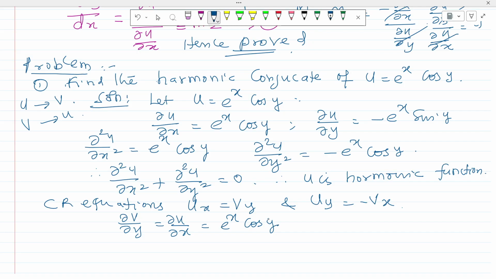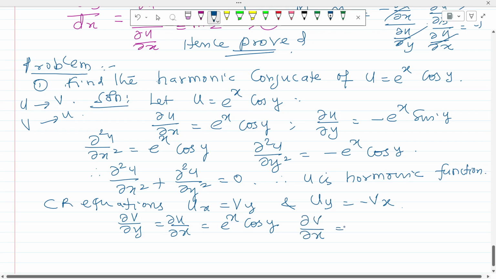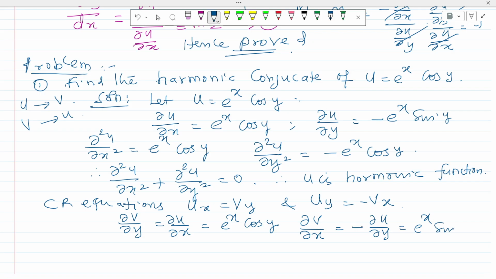Then second one, dou v by dou x equal to minus dou u by dou y equal to e power x sin y. Okay, fine.